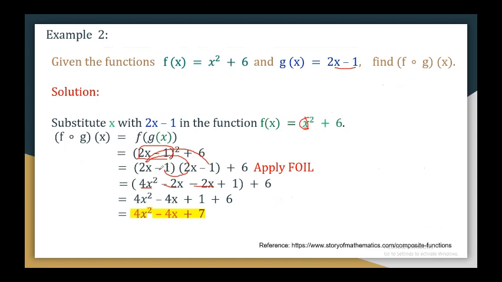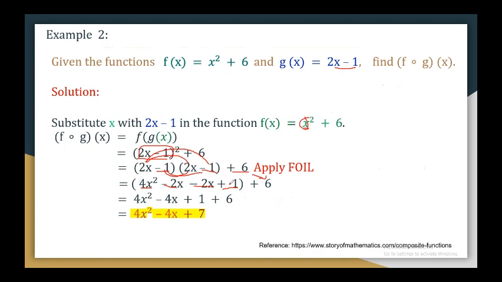And for the last term, take note, we have negative 1 times another negative 1. The product of two negatives makes positive 1. So 4x squared minus 2x minus 2x plus 1. This is now the product of 2x minus 1 times 2x minus 1. Then, do not forget we still have here the last term, which is positive 6. So, you'll just copy this one.